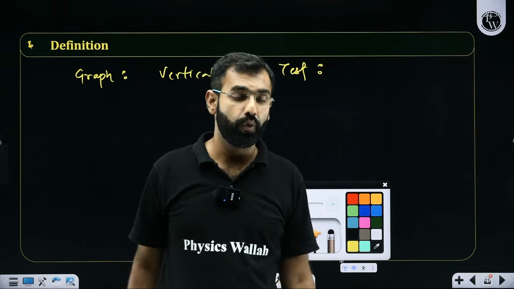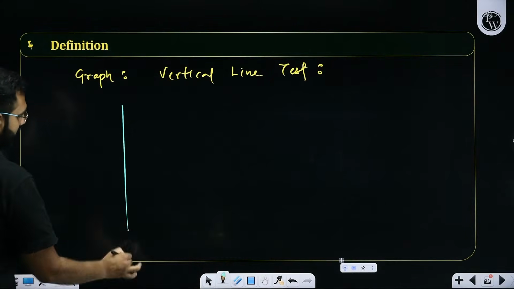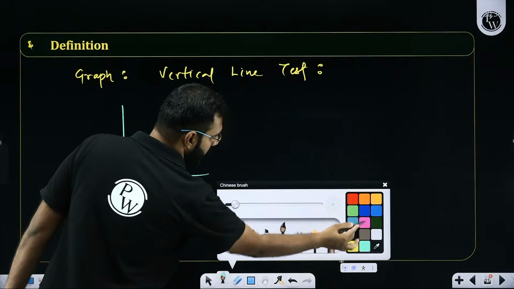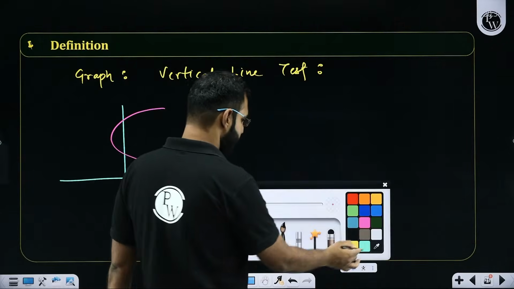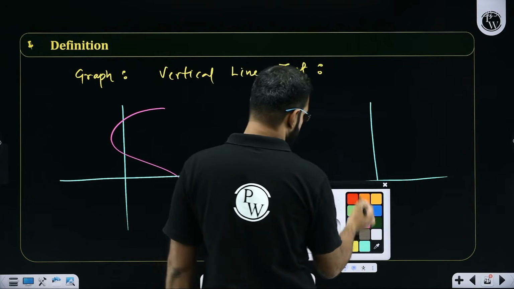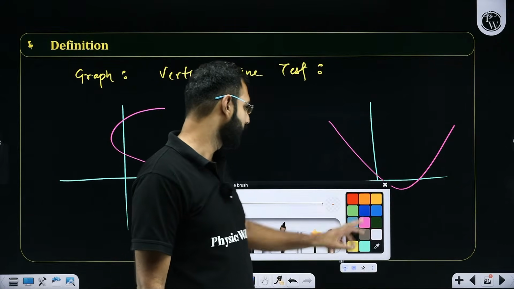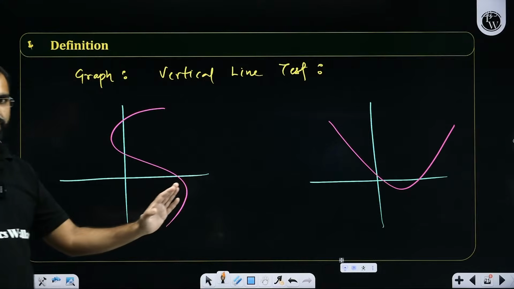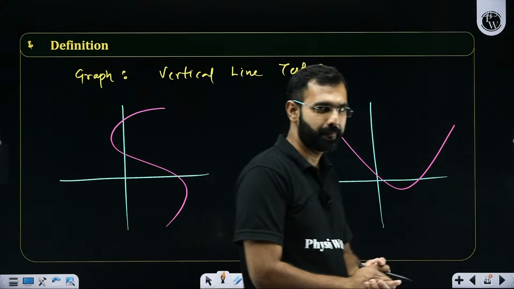But still, if you want to check whether a given graph is a function or not, let's say here you have the y-axis, here you have the x-axis, and let's say this is the graph of a relation. This is how a relation is defined. And let's say I'm asked to figure out whether these graphs, which are representing relations, are functions or not.